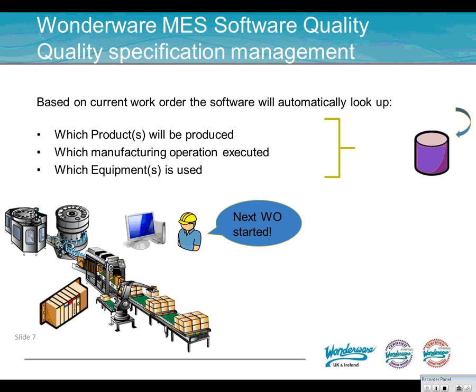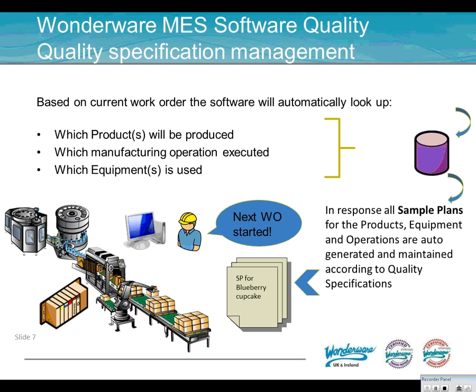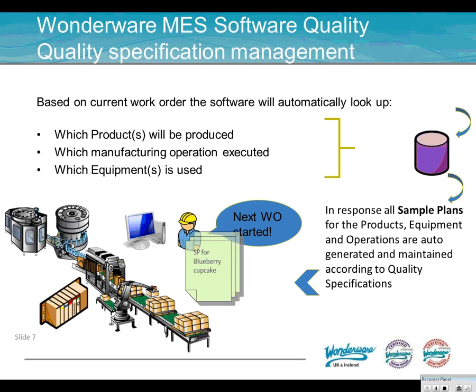Based on those parameters, a sample plan will be generated to provide the information for what needs to be collected for the manufacture of a particular product, in this case a blueberry cupcake. And so that sample plan is made available to the operator on the shop floor to guide him through what is required from a quality perspective to make sure that the correct data is captured.